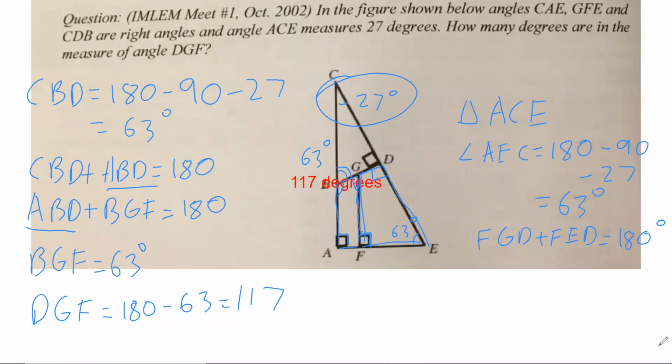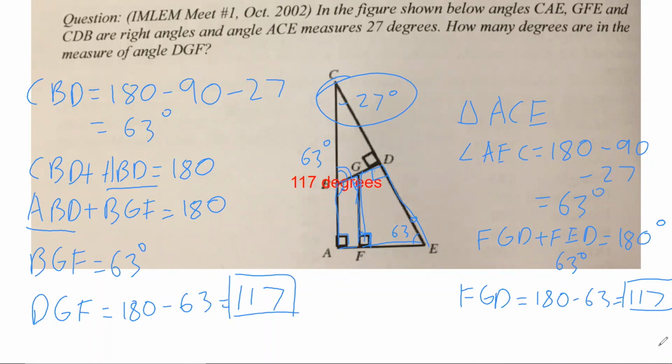And FED is the same thing as AEC. So we can plug in 63 degrees here. And we'll also get FGD is equal to 180 minus 63 is equal to 117. So both ways will give you the same answer.